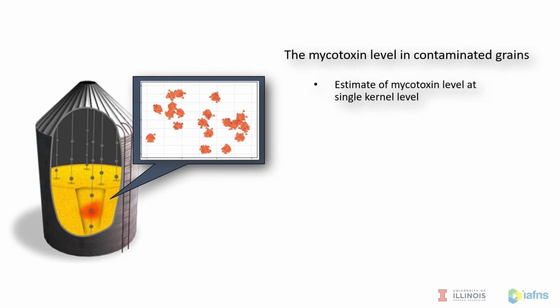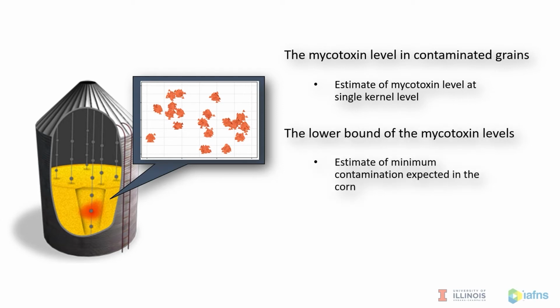The next three inputs refer to the mycotoxin characteristics of the contaminated grain. The mycotoxin level in contaminated grains is the estimated overall mycotoxin level at single kernel level. The app has a recommended value of 4,000 parts per billion. Then, the lower bound of the mycotoxin levels is the minimum contamination expected in the corn.